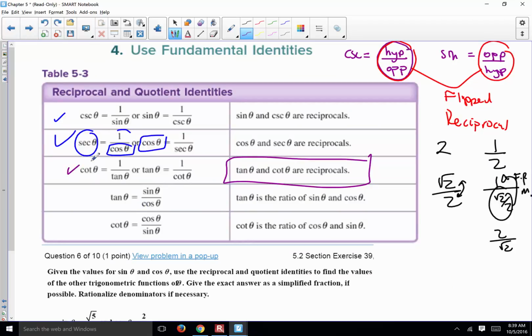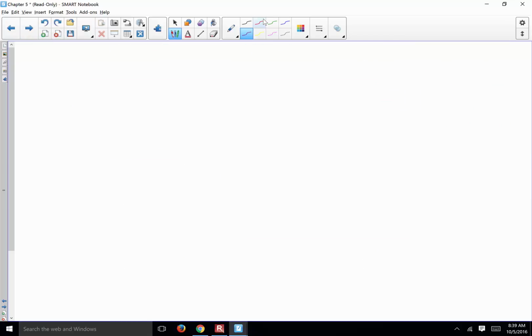Tangent is always sine over cosine. Why? I wonder how they come up with this formula. Look. What is sine? By definition in triangles, it is opposite over hypotenuse, right? What is cosine? It is adjacent over hypotenuse.